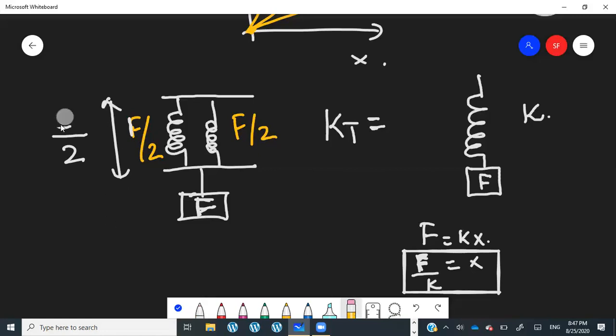It is half of the extension given over here. If I were to calculate the total spring constant, it's going to be F upon X. The total force is still F. I'm not talking about the individual forces, I'm talking about the total force. Is it still F?